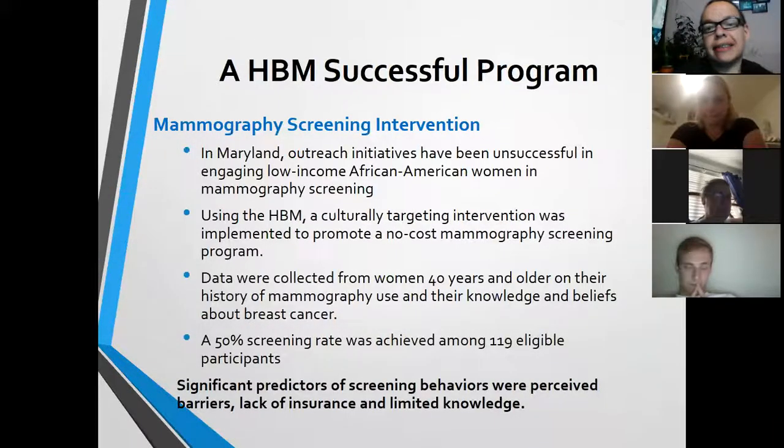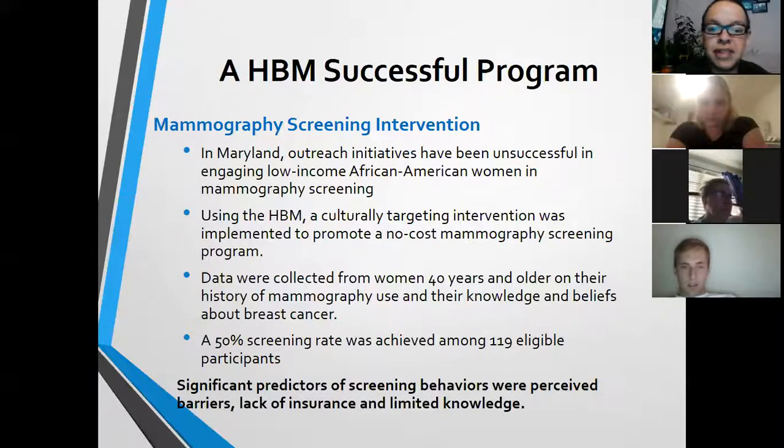And then it says a successful program for HBM is mammography screening intervention, which we have already read about. It says that in Maryland, outreach initiatives have been so unsuccessful in engaging low-income African-American women in mammography screening. Using the HBM, a culturally targeted intervention was implemented to promote a no-cost mammography screening program. Data were collected from women 40 years and older on their history of mammography use and their knowledge and beliefs about breast cancer.